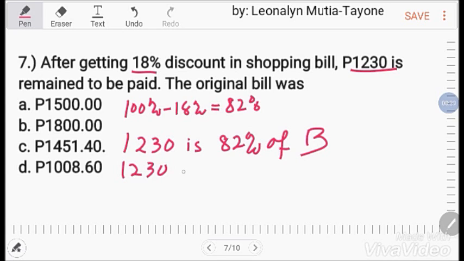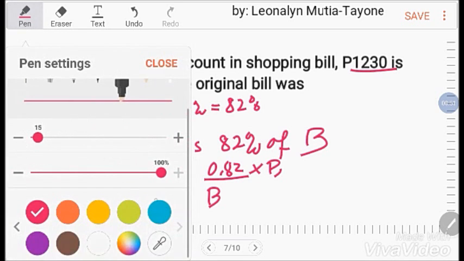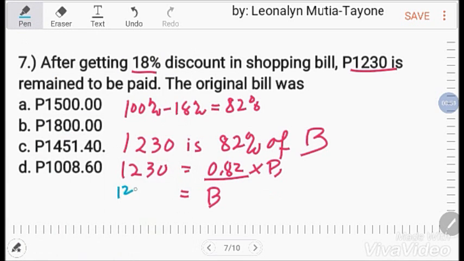So, bali, ganito yan. 0.82 times B. I-transpose mo yung 0.82 para si original bill na lang ang matira. At para ma-solve natin yan, so that will be 1,230 over 0.82. So, paano mag-divide, ma'am, kung merong decimal?